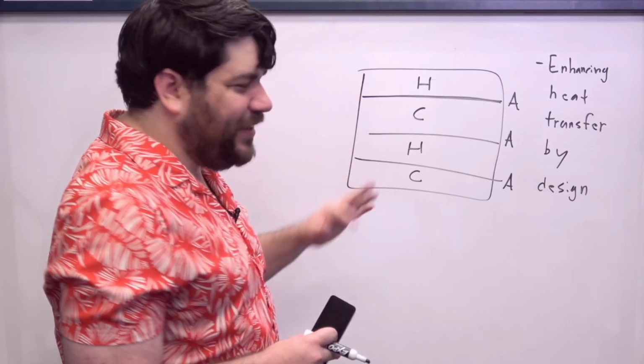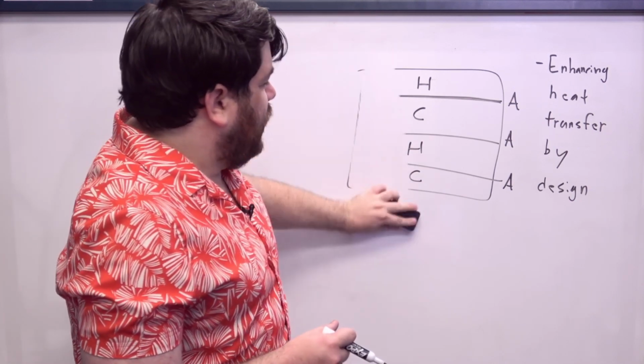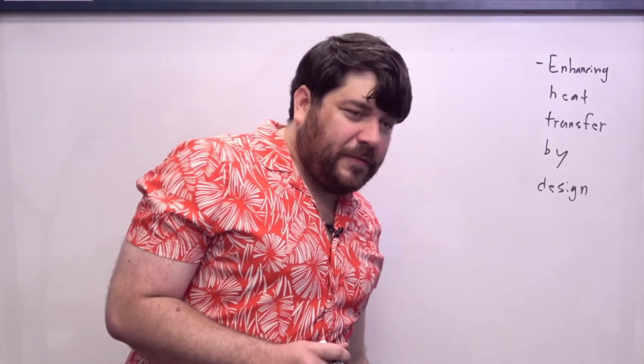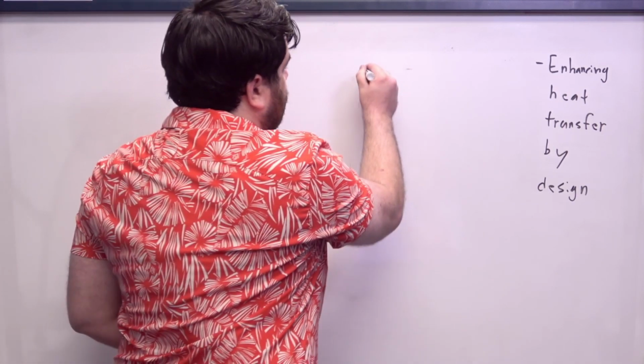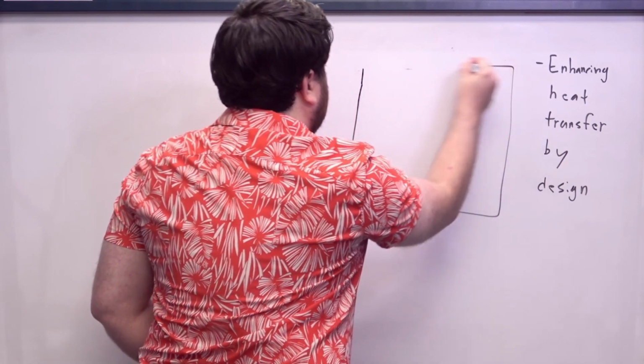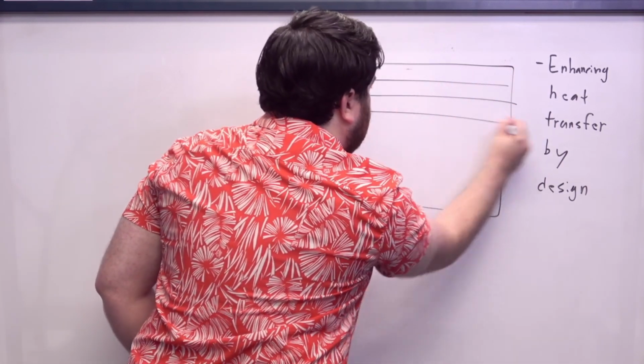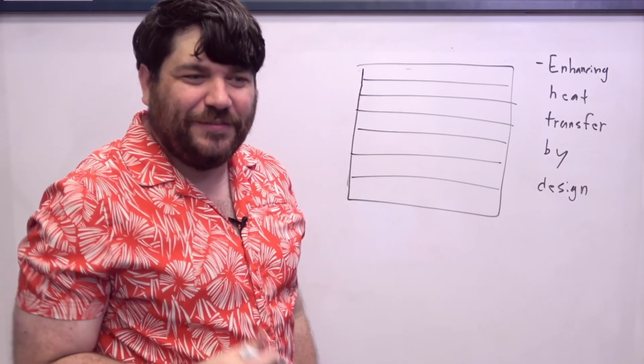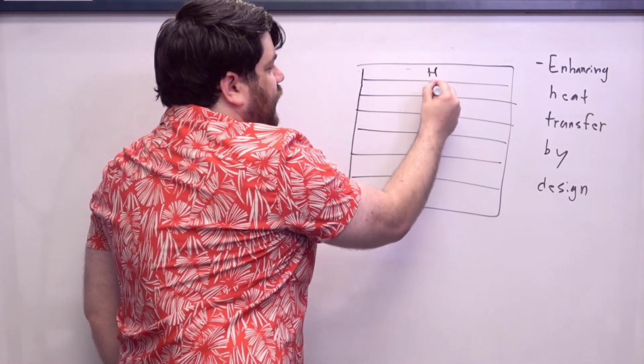Why don't I just keep splitting these little chambers into smaller and smaller chambers that are thinner and thinner, such that eventually my design looks like a massive stack of basically a bunch of plates of metal with hot and cold chambers in between.